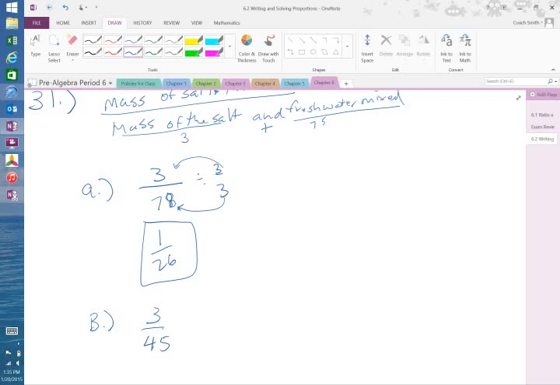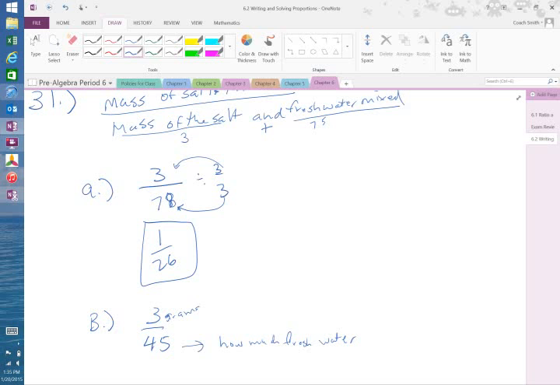All right, so that means that there is 3 grams of salt, and so how much fresh water is there? If there's 3 grams of salt, how much fresh water is there? I don't even know what they want for the rest of the problem. I just want you to understand what their ratio is.